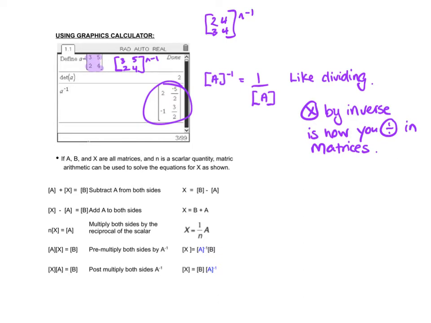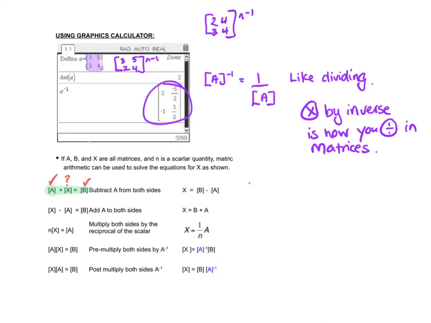So if you have a look down here they're saying A plus X equals B. So what we're saying when we're giving you scenarios is that X is going to be the one you don't know, and A is like you know, and B is like you know.